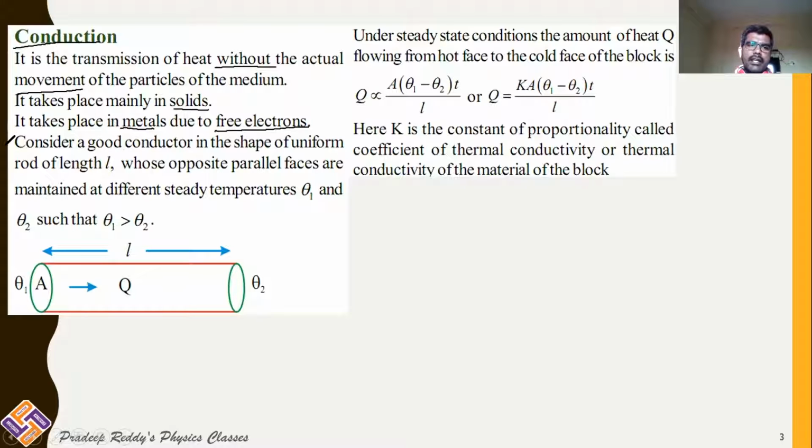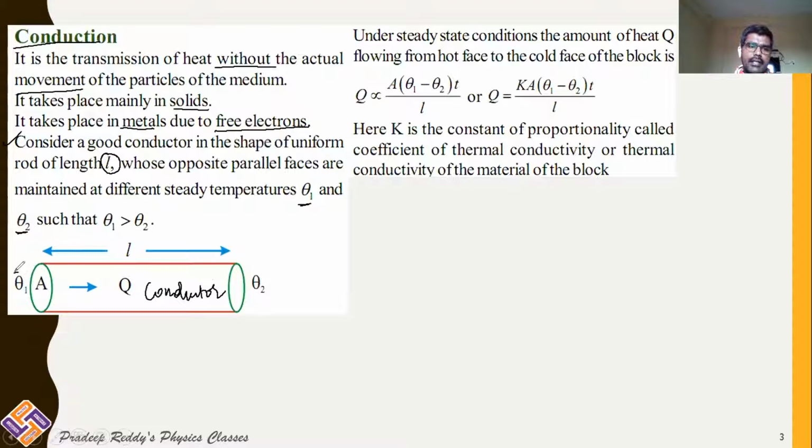Now we are considering a good conductor, a conductor of length L. This conductor is in the shape of a rod, whose opposite faces are maintained at different temperatures theta 1 and theta 2.